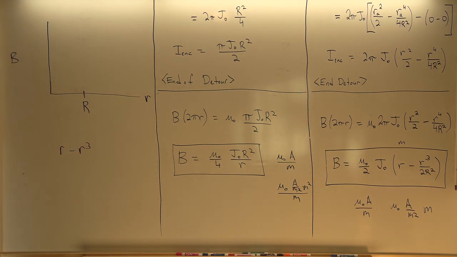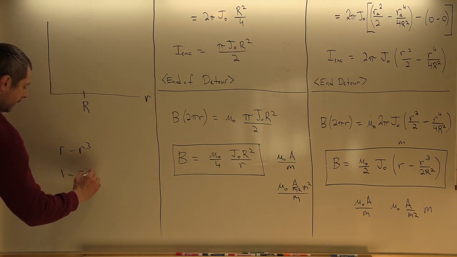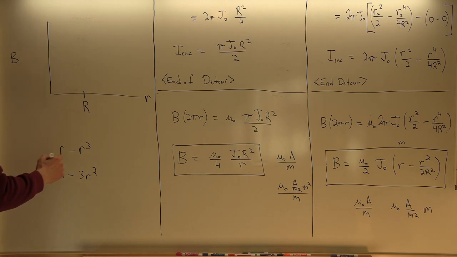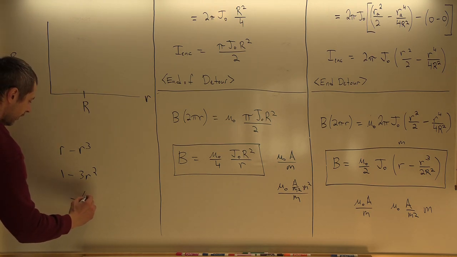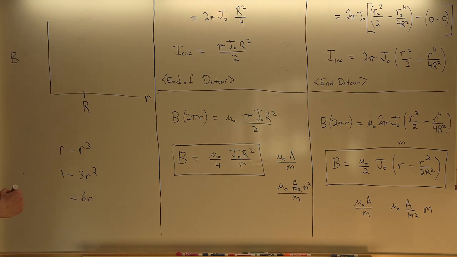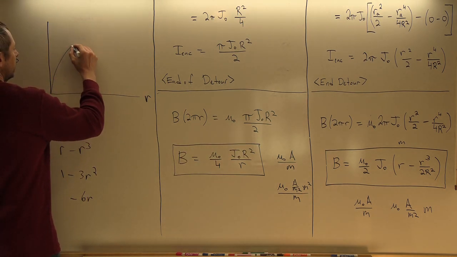All the other things are constant. Quickly do the derivative twice. What you get is 1 minus 3r squared. There's the first derivative. Take another derivative. This is 0. So what we have is minus 6r to the 1 power. That's a negative second derivative. The function here is concave down.